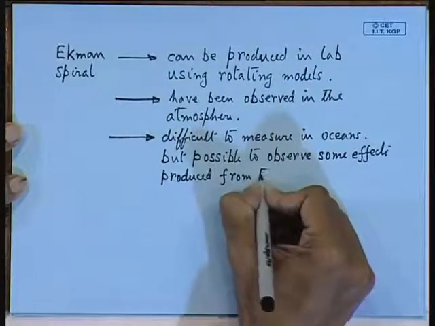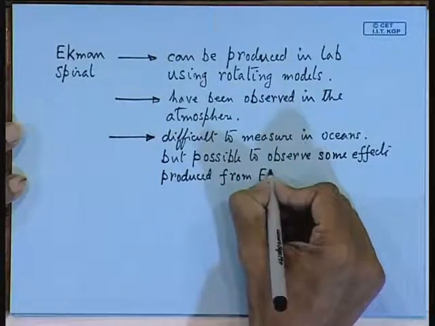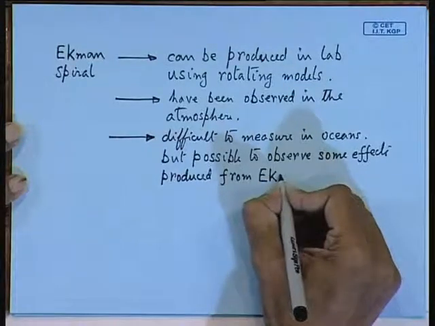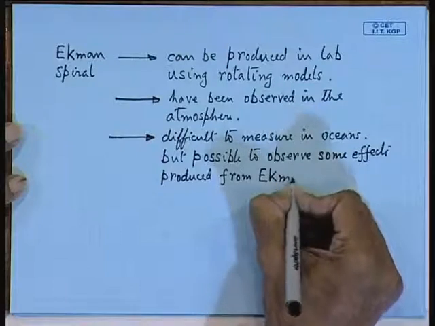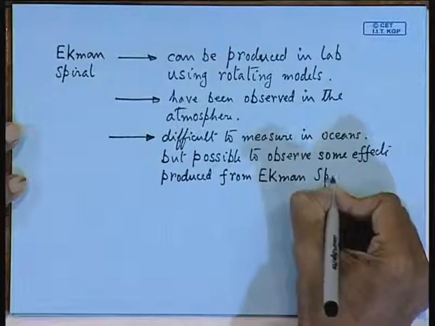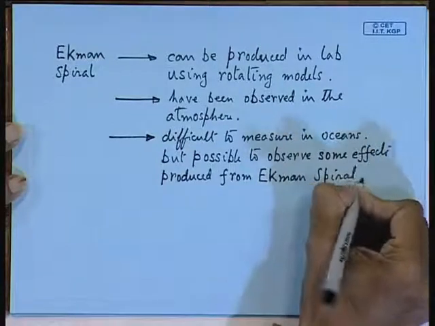So, in the open ocean, you will hardly see the Ekman spiral, which is difficult to observe, but you can make out that it is existing over there because of the existence of some kind of effects, which I will tell you now.